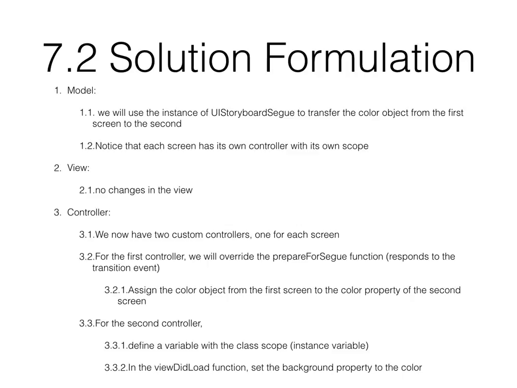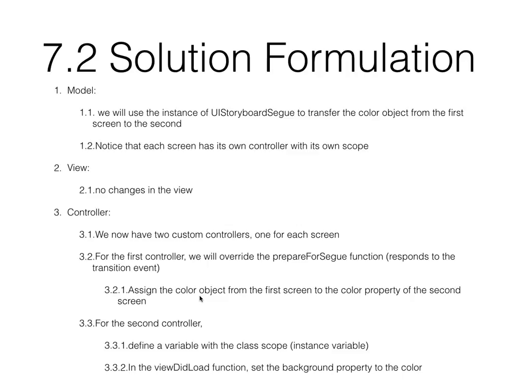So at that timing, before the operating system executes the segue, it notifies the prepare for segue function, and that function is part of the UIViewController class. And through that function, we'll assign the color object from the first screen to the color object that we're going to create on the second screen.